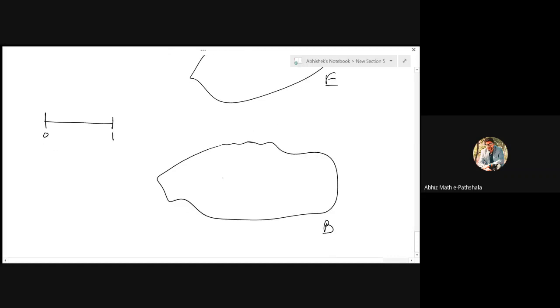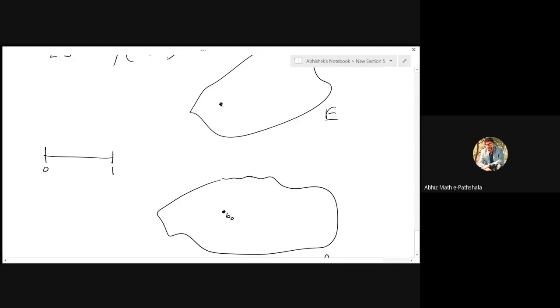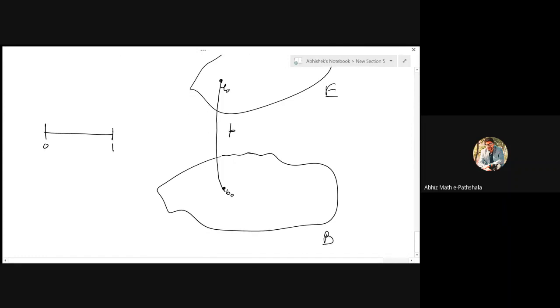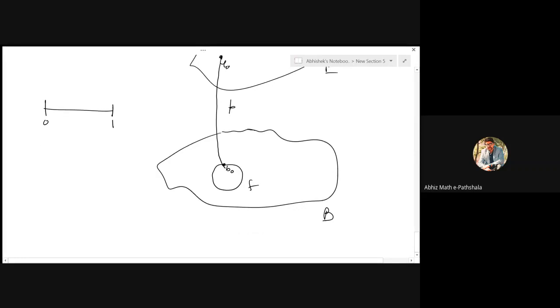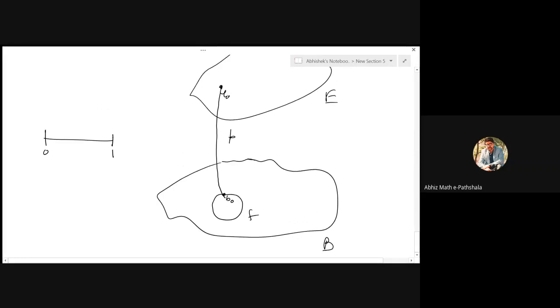Then you take b naught in B, and this is e naught in E. And you take a loop f.